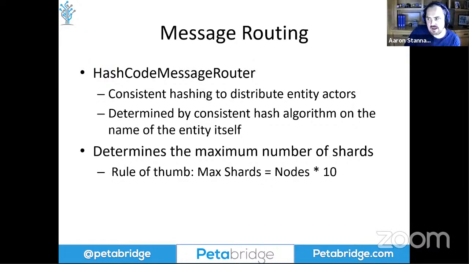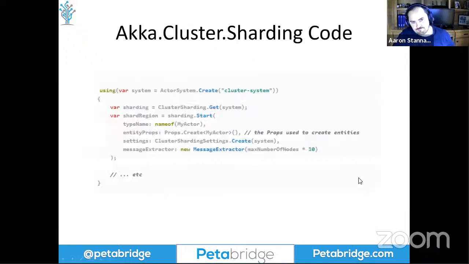That'll help us achieve a nice balance between making sure that, in the event our shards get rebalanced as the cluster scales up and down, we don't impact a disproportionately large number of entities at any given time. But it also means that we're not constantly rebalancing either. This is kind of like a happy medium in terms of the total number of shards.